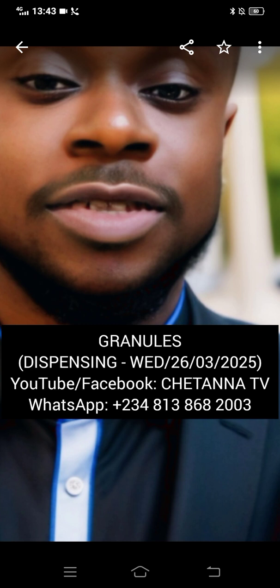In that granulation process, powders are first agglomerated to form granules. Then the granules that are formed will be compressed to form tablets. Powders are first agglomerated to form granules, so granules are now compressed to form tablets. Even in capsule formation, they also serve as intermediate.